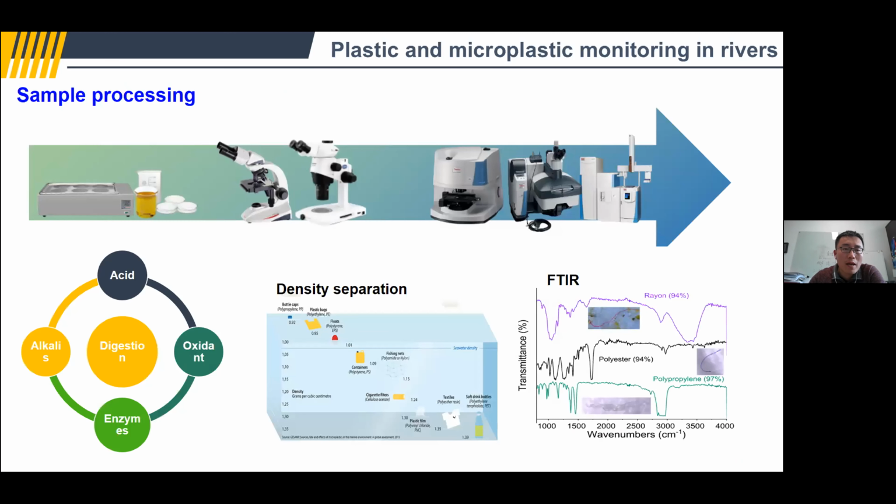And for microplastics collected from rivers, you might need some actual processes to process those samples. Those processes include digestion or density separation, and identification by microscope and spectroscopy technology such as FTIR and Raman.